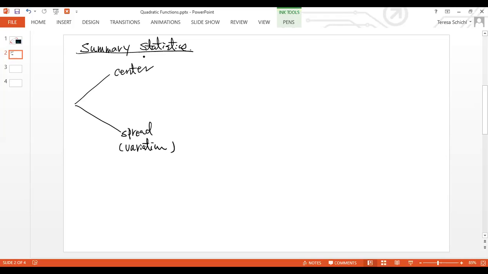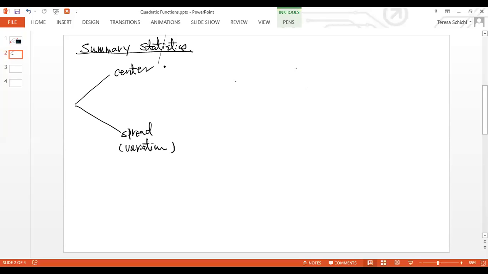The center means where the center of your data could be. We have three different center summary statistics, and we're also going to look at three different ways to evaluate the spread and the variation.